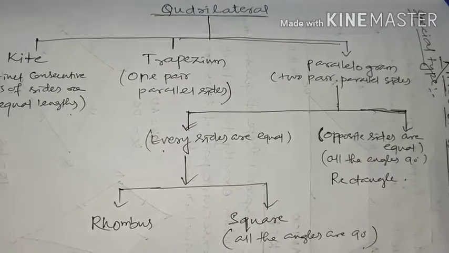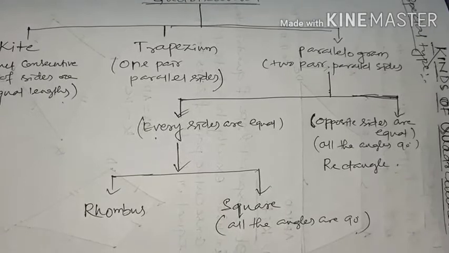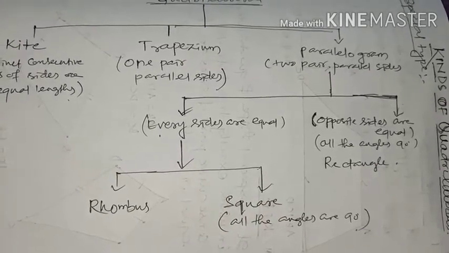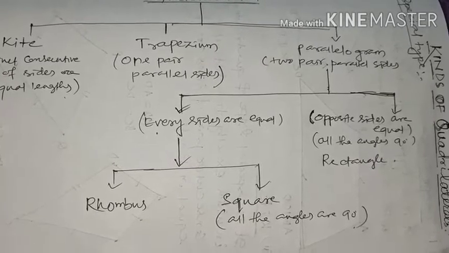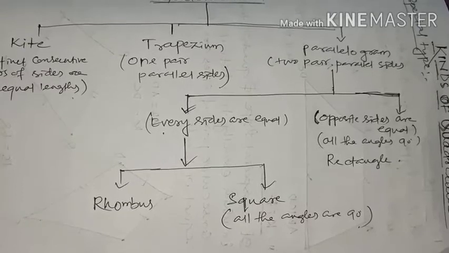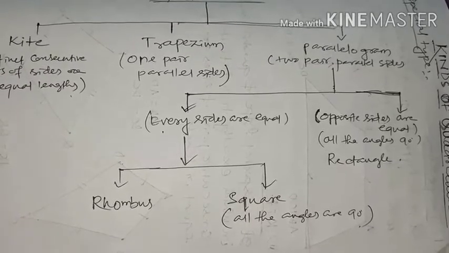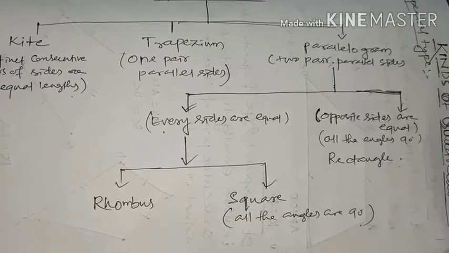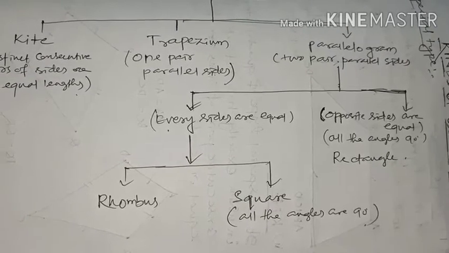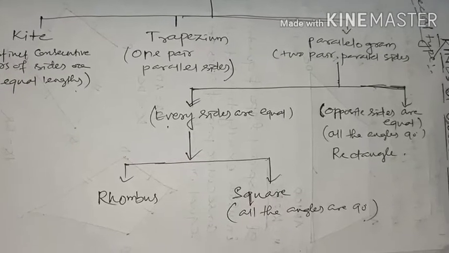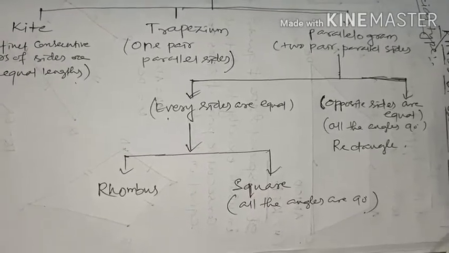Right now. So next, parallelograms can be of two types, like where every side is equal and where only opposite sides are equal. If opposite sides are equal, you know that firstly the parallelogram says the opposite sides are parallel to each other, and now if the length of opposite sides are equal and the measurement of all angles are 90 degrees, then we can call it a rectangle.